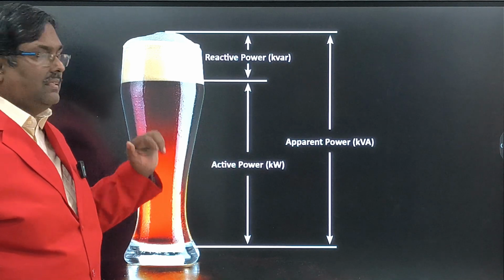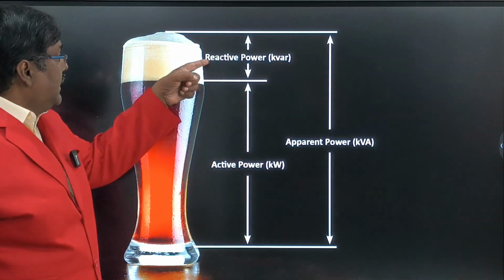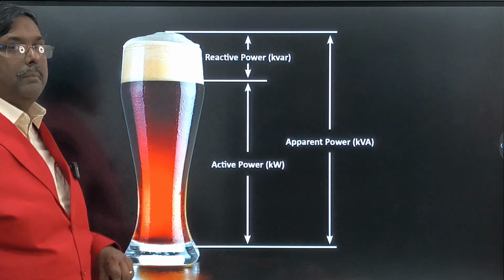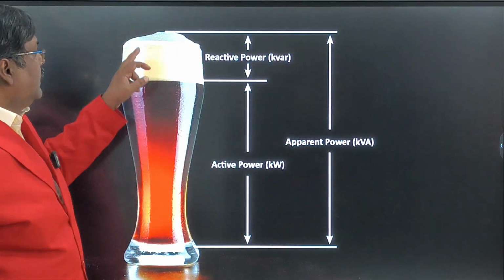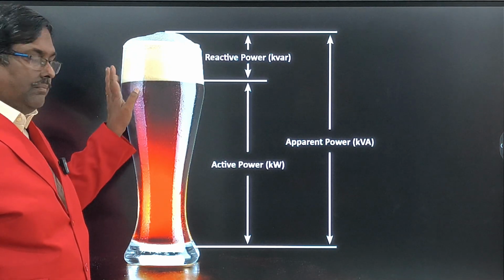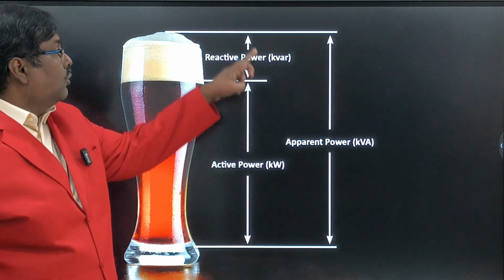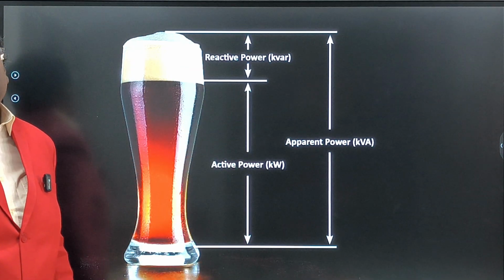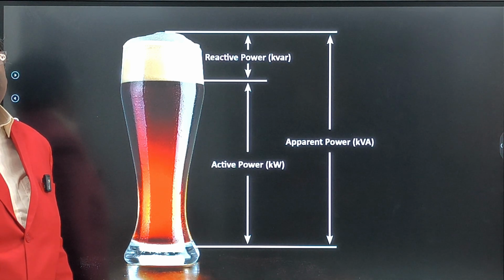So this is a very easy, simple example for understanding reactive power and active power. Because of this, reactive power happens. When you are pouring, the gas is formed, so that reactive power is not going to do any work. After some time it will vanish, and the part you drink is the useful power, and the total is the apparent power. So just for remembering, this picture is very helpful.